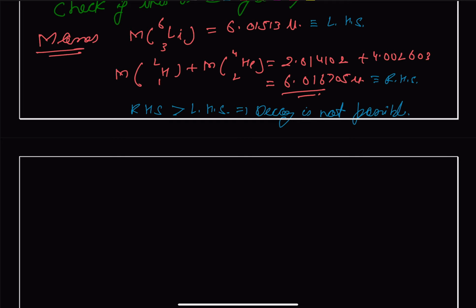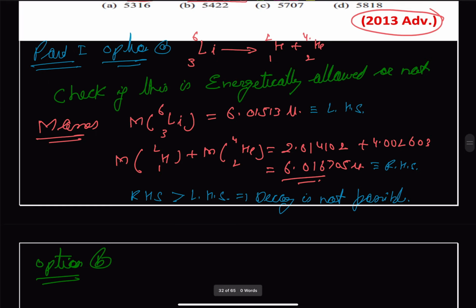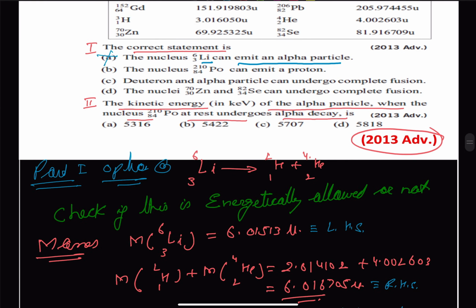And we have our option B. Option B states that nucleus polonium can emit a proton. Because polonium is a very heavy nucleus, alpha emission will be favored as compared to proton, because the proton is going to require a certain amount of high energy to overcome the nuclear potential.